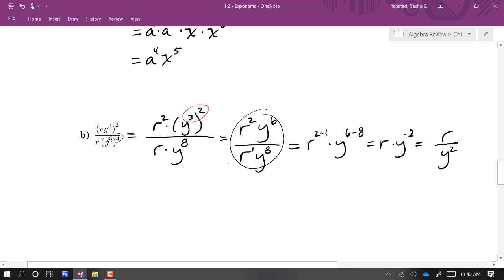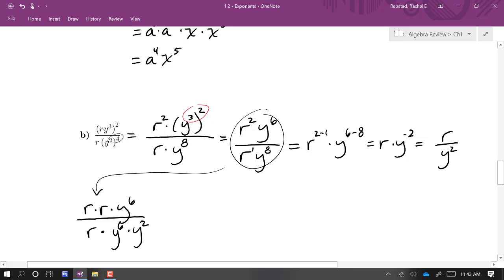Alternatively, I could start here and say, okay, I've got r squared times, or actually let me write it as r times y to the 6. On the bottom, I have r times, and that y to the 8th I'm going to write as y to the 6 times y squared.